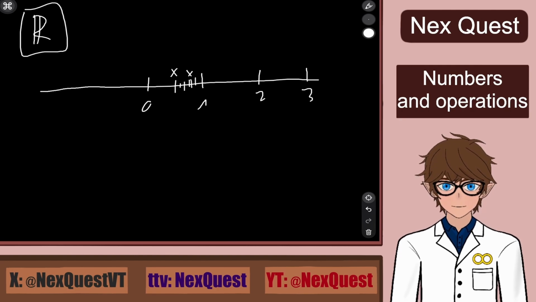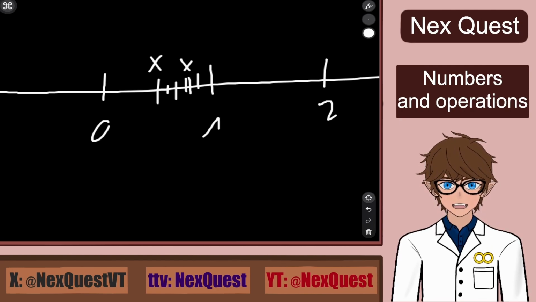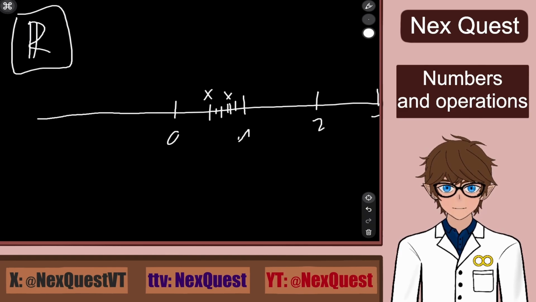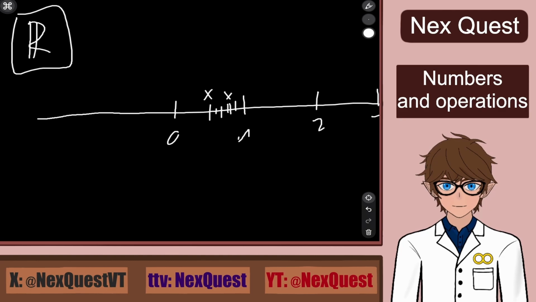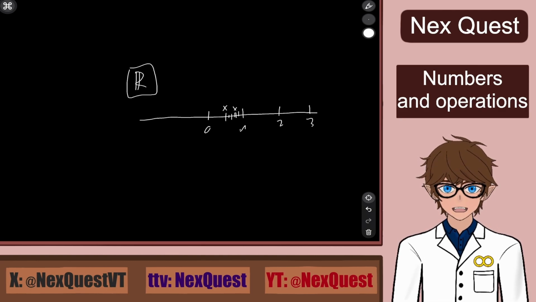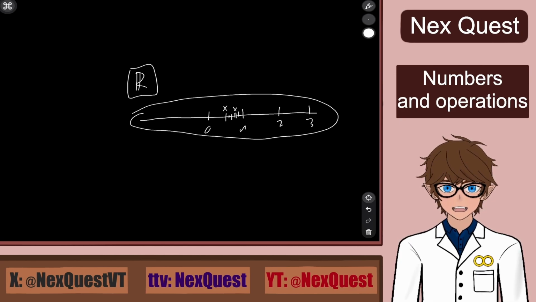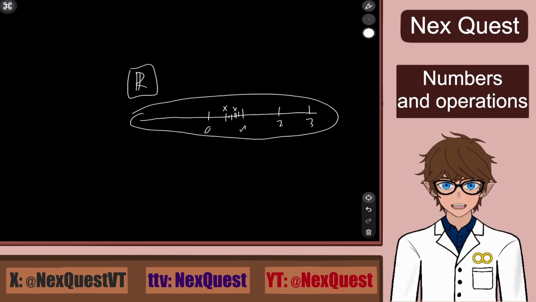Keep doing that, and you will fill up the line with a lot of numbers. But there will still be a tiny gap, because you can't completely fill all of the space. That is where the irrational numbers come in. Together, they form the group called real numbers. So basically, real numbers are all numbers that can be represented on our number line, or real number axis.